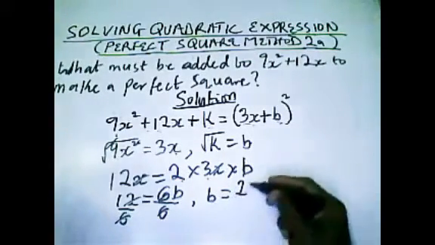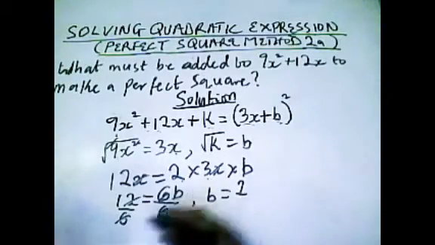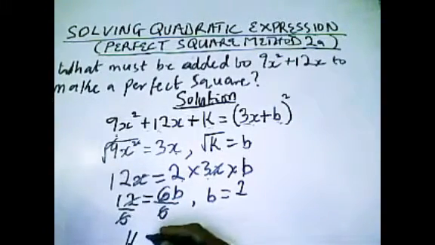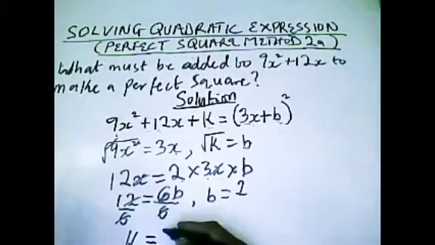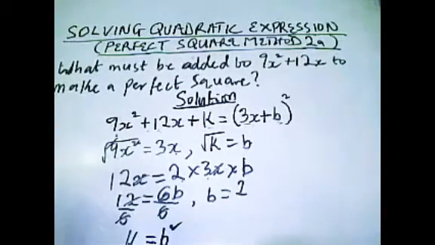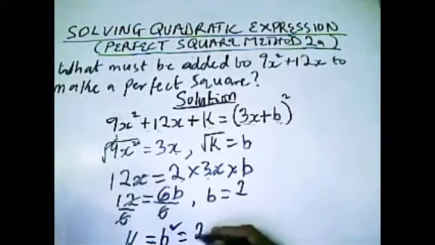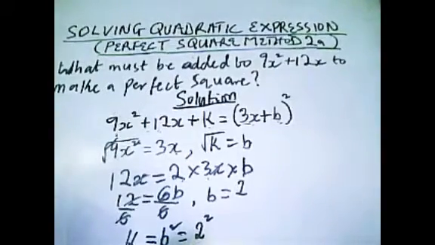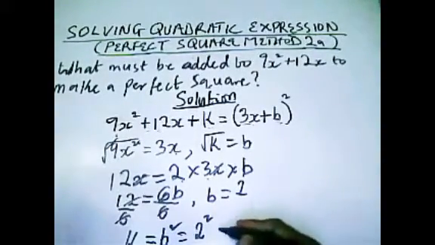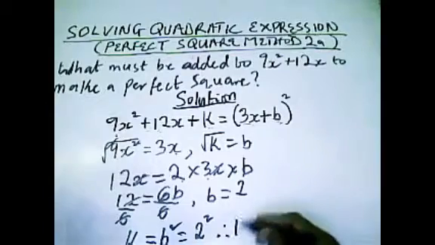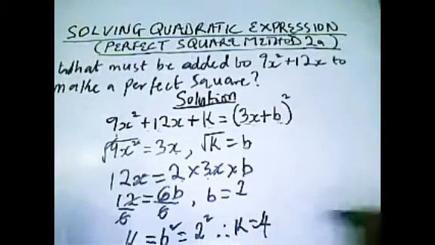Since you now know what the value of b is, come back to what we have here. For us to get k, it means that we must square b, which means 2 squared, and that will give us the value of k to be what? To be 4. This is the step that you must follow.